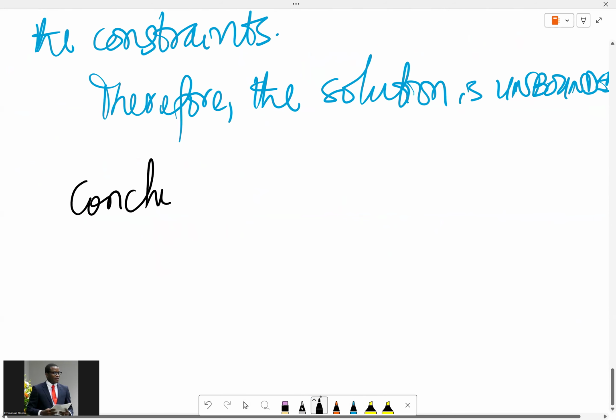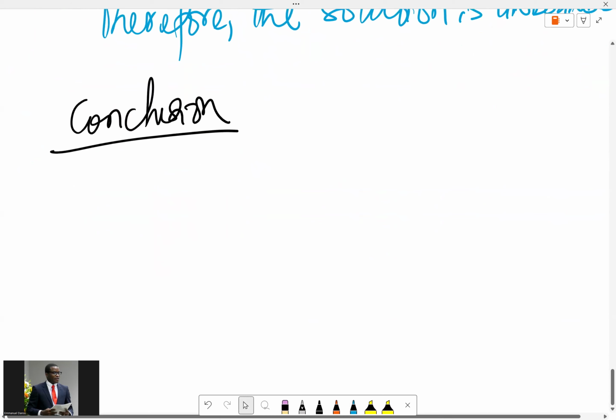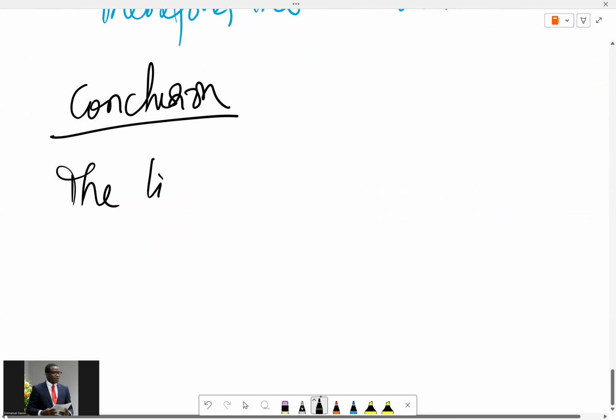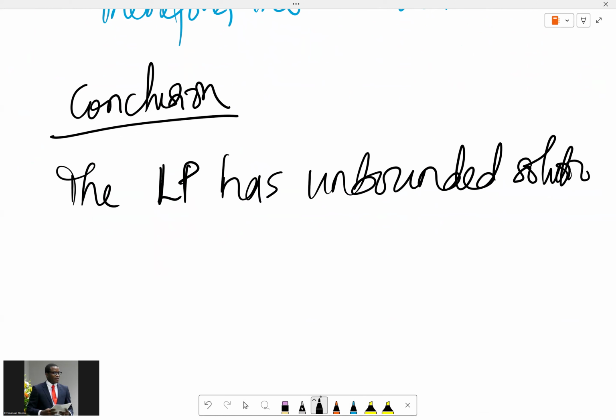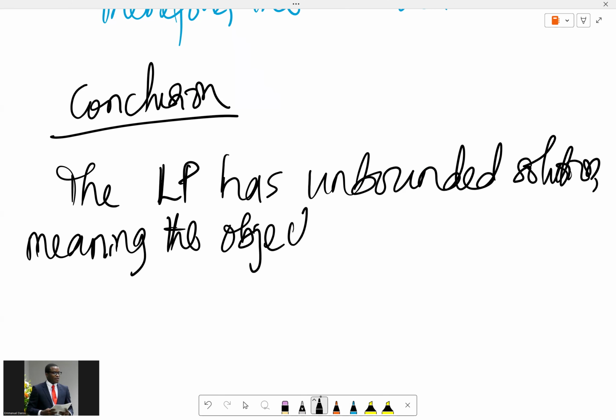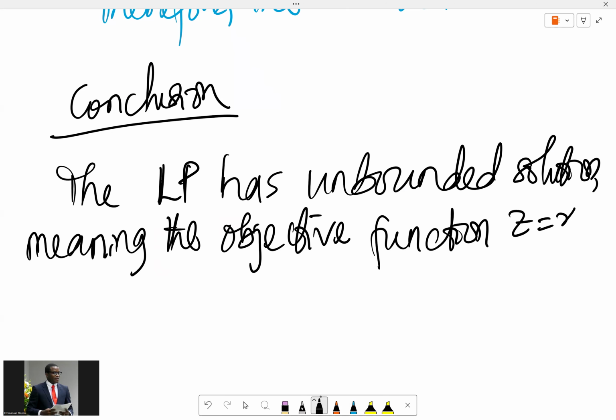So in conclusion, in short, we can say that the linear programming problem, or LP for short, has an unbounded solution, meaning the objective function z equals x1 can increase indefinitely.